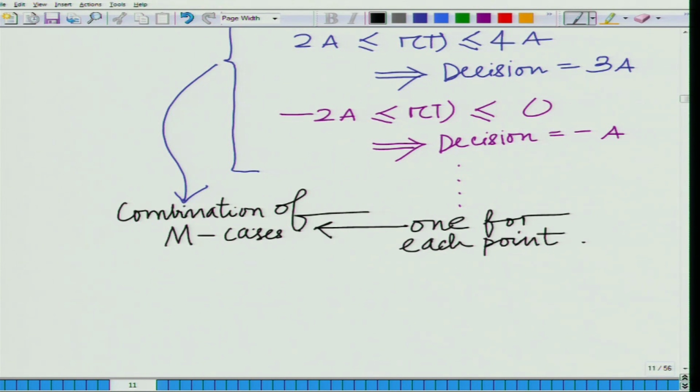So, depending on the boundaries or the box in which RT lies, one has to choose the appropriate value for A naught.